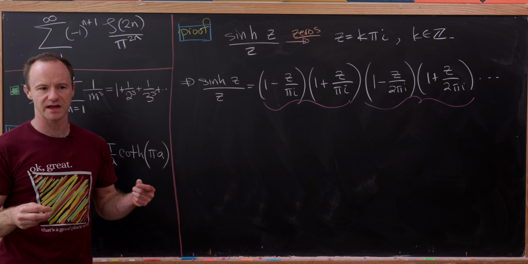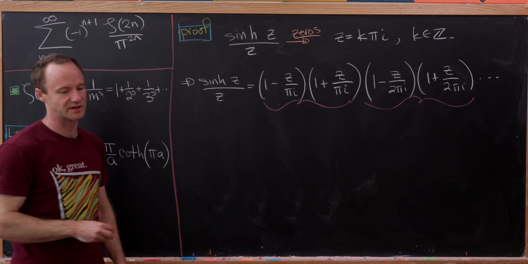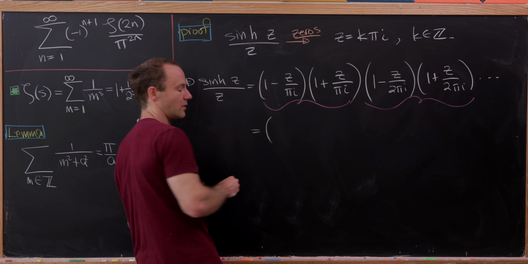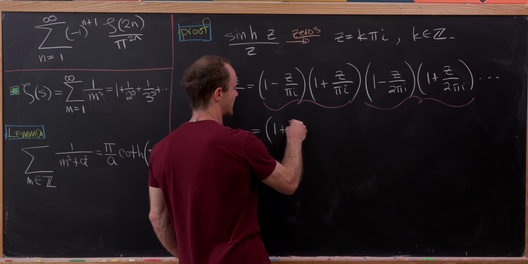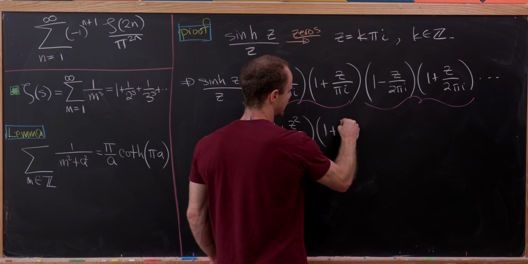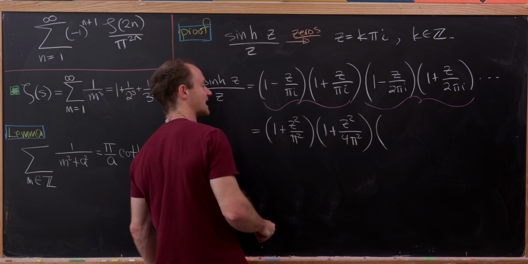But now the idea is to smush all of these pairs together, because essentially we've got something that looks like a sum of squares factorization using complex numbers. So these first two will multiply together to give us 1 plus z squared over pi squared. The next two, 1 plus z squared over 4 pi squared. I bet you can guess what the next one is.